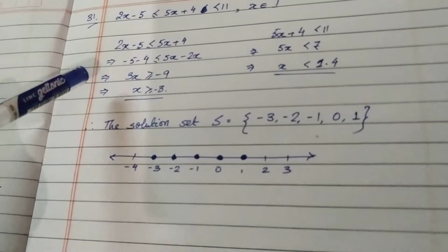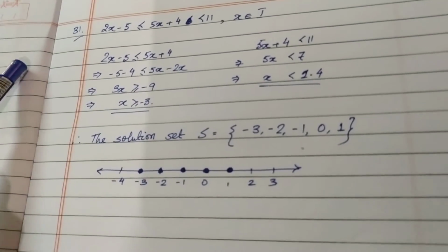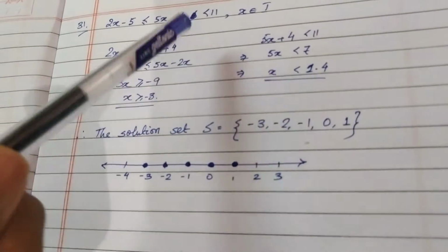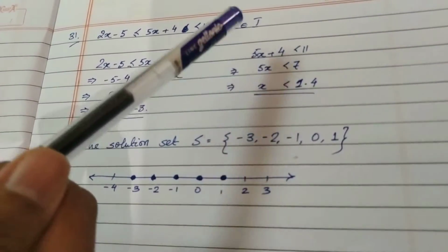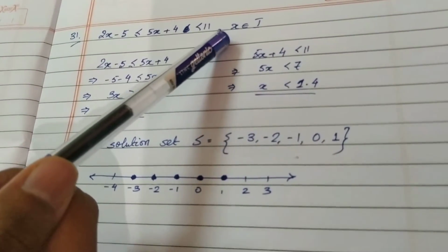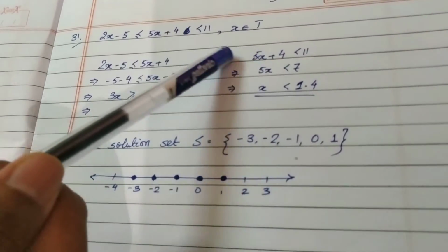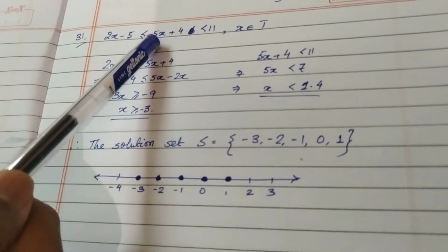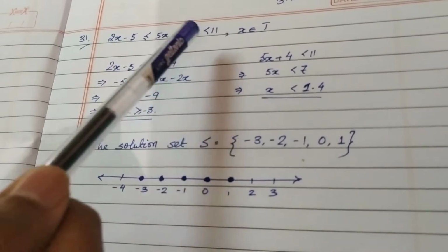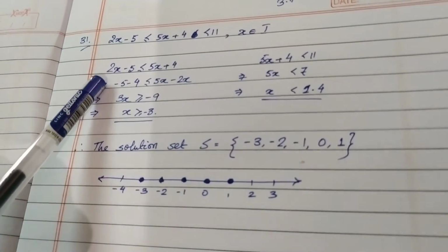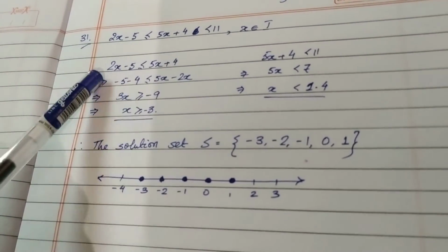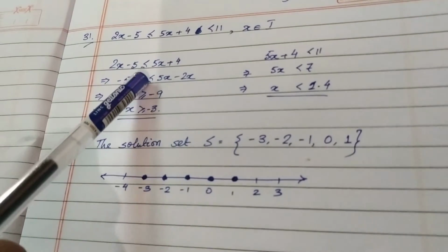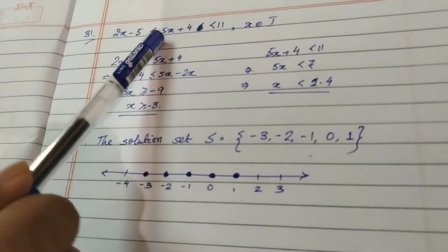And the last question we have done here is again very similar, the only difference being that we have x belonging to the set of integers. So we again solve the whole combined inequation by dividing into two different parts. And so we have 2x minus 5 is less than or equal to 5x plus 4 from this part.